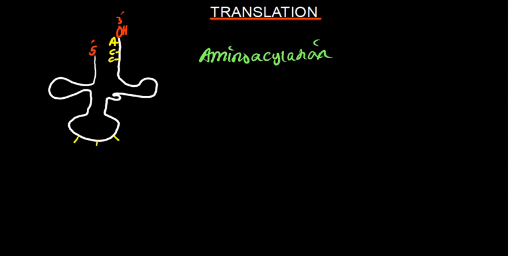Before this, we know that we only have 20 amino acids which exist in nature. There are only 20 amino acids which produce millions of proteins that exist in living organisms. Now these 20 amino acids are always found in the cytoplasm of the cell and in their inactive form.